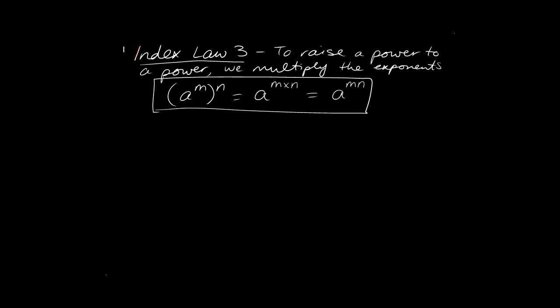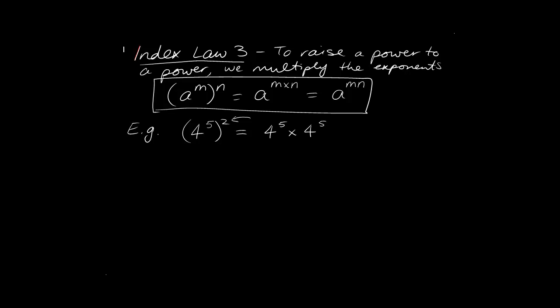Let's have a look at some examples. Suppose we have 4 raised to the power of 5 and we wish to square it. Without applying index law 3, let's see what this gives us. First of all, squared means times by itself, doesn't it? So really this is 4 to the power of 5 times 4 to the power of 5.